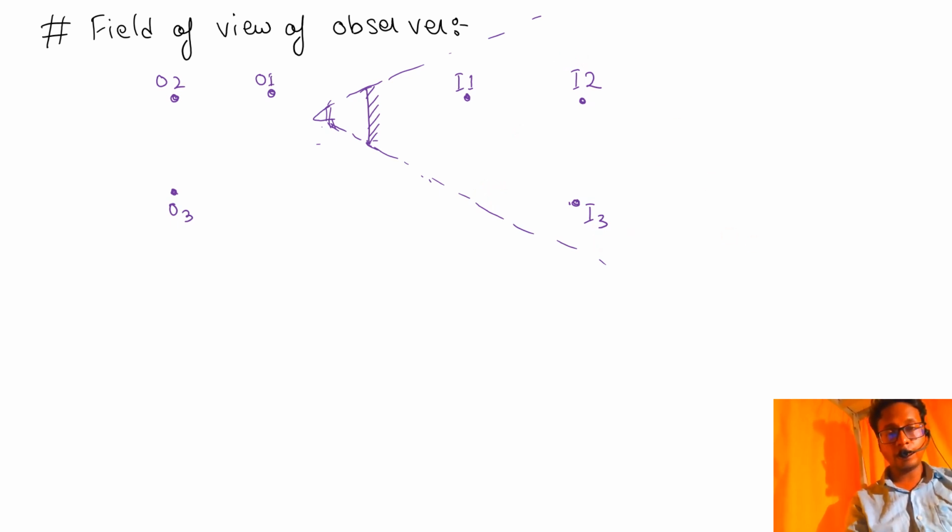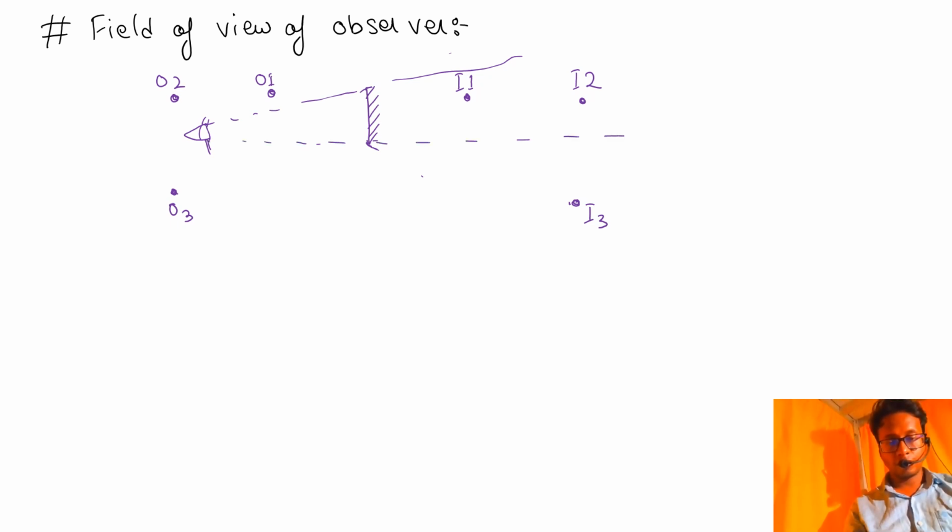Similarly, what happens if I take my eyes very far away from the mirror, out here? My field of view becomes very narrow. That means right now I can see only this much portion, only image 1 and image 2.